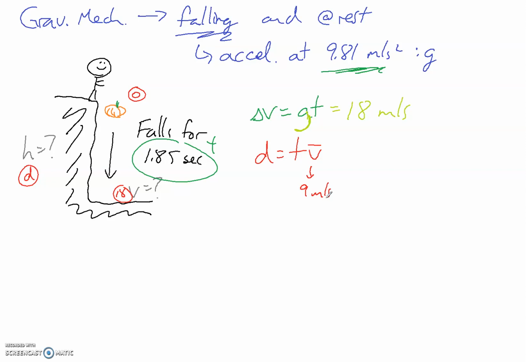If we take that 9 meters per second for average v and multiply that by the time, which is still the 1.85, we can find out that the pumpkin, well, we'll round off, went around 17 meters. So they were 17 meters off the ground. And that's basic free fall type stuff. Again, it's not totally different than what you guys have done before, just basic mechanics, basic calculations for things going in a vertical direction.